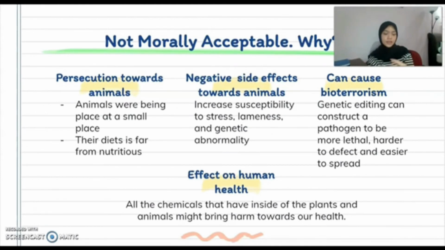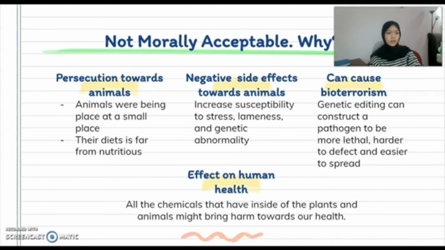So genetic editing can construct a pathogen to be more lethal, harder to detect and easier to spread. Sebab daripada 100 tahun yang lalu, ramai dah orang yang meninggal disebabkan infectious disease. Contohnya macam Ebola and also contoh yang terdekat macam COVID-19.